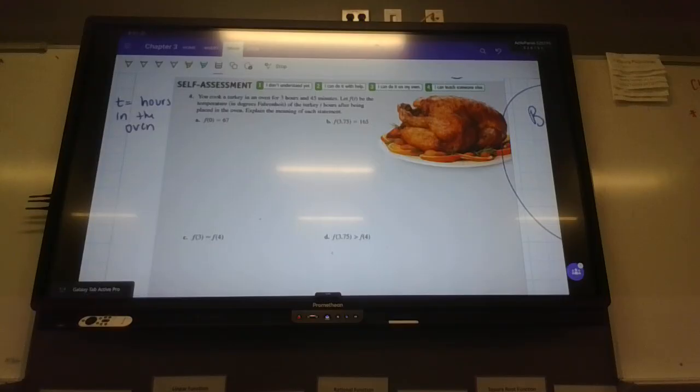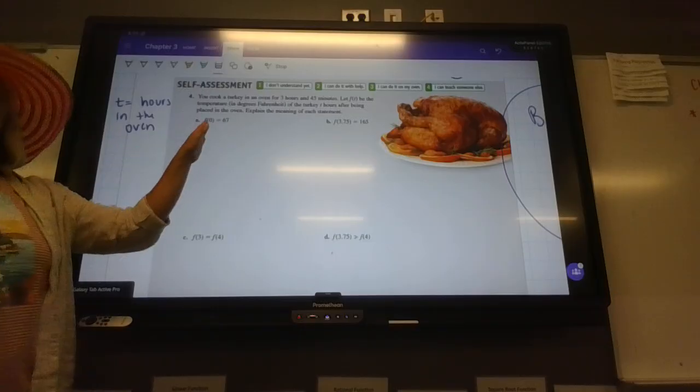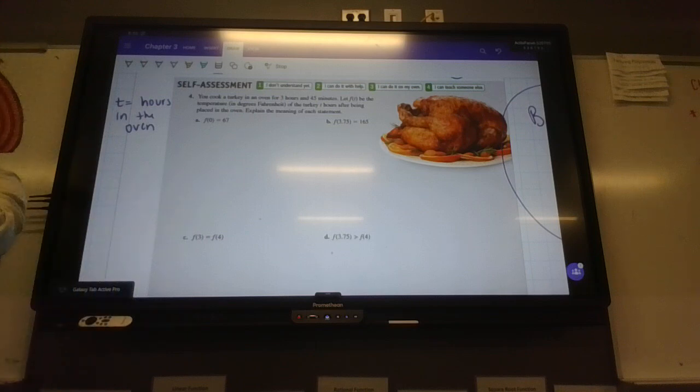F of T is the temperature in degrees of the turkey T hours after being placed in the oven. Explain the meaning. So this actually has no math involved. The calculator won't help us. This is all understanding function notation and symbols. T means hours in the oven.